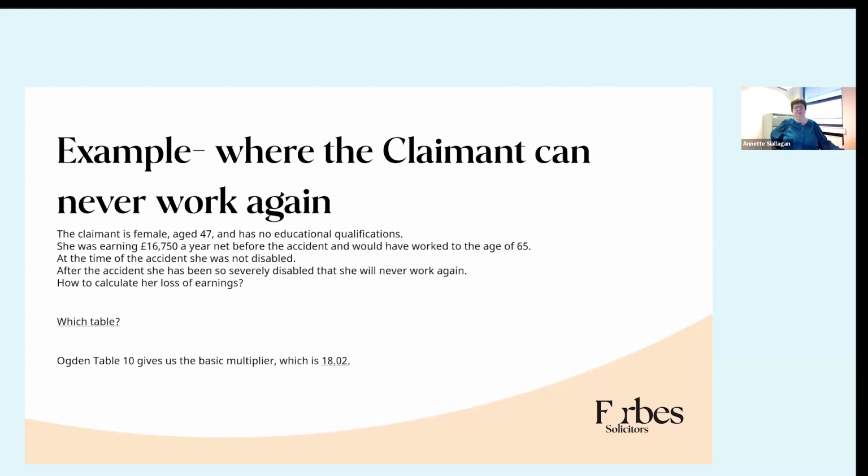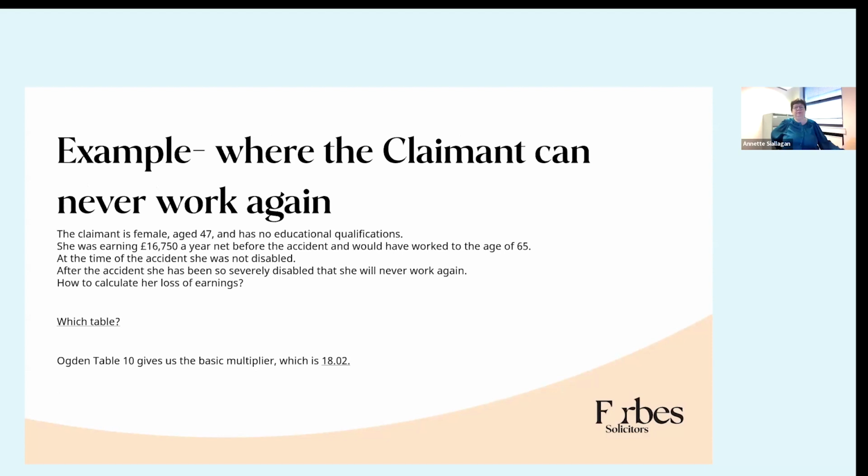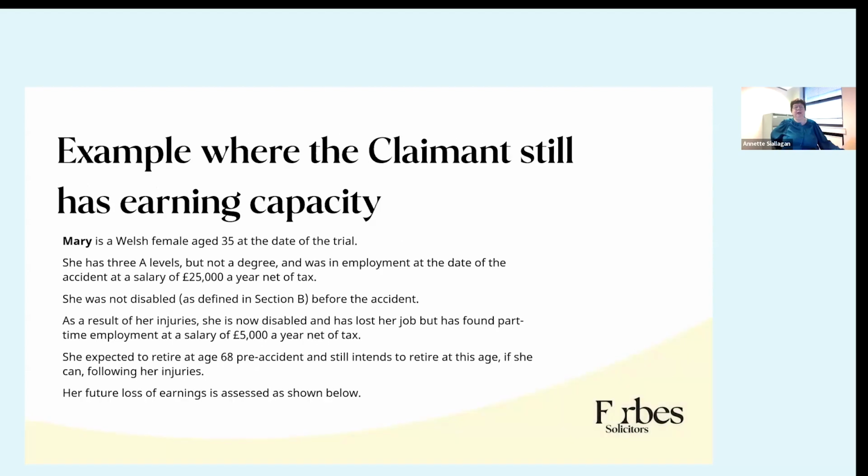So I've got an example there where the claimant may never work again, and then a further discount using tables A to D. And then I've got an example where the claimant still has earning capacity.